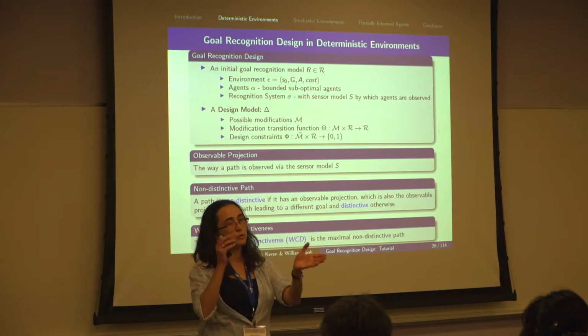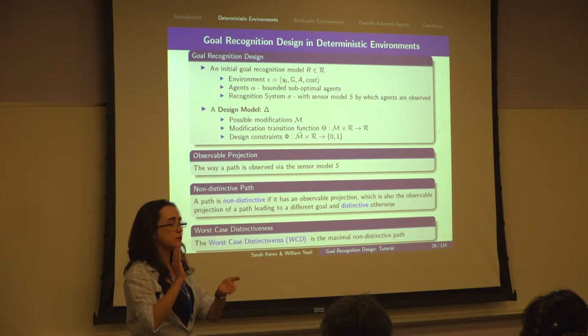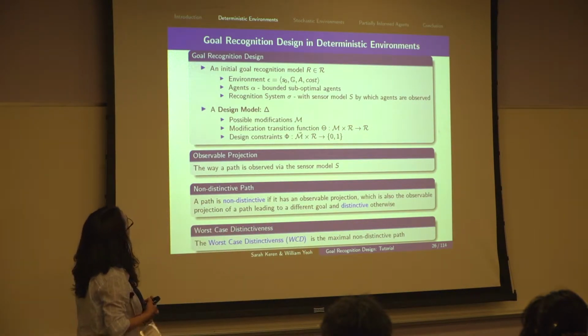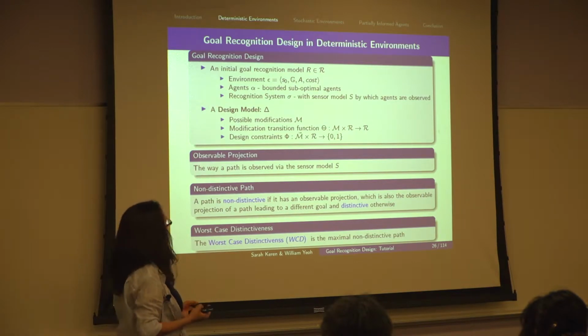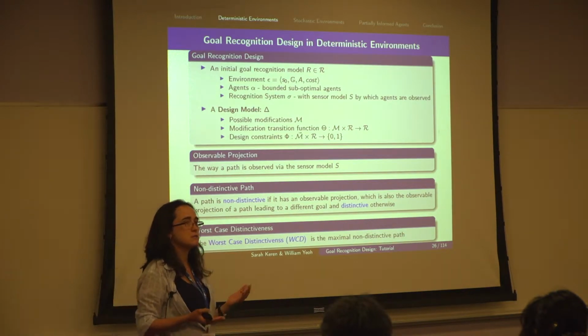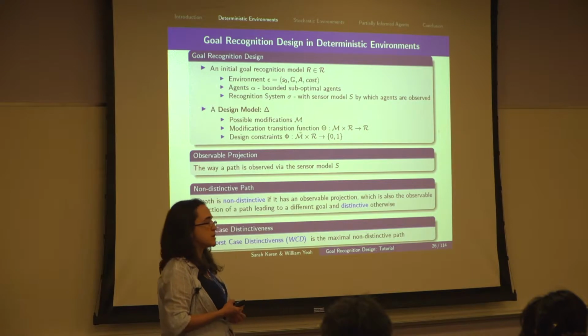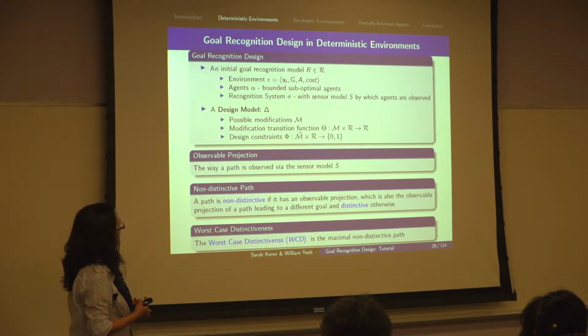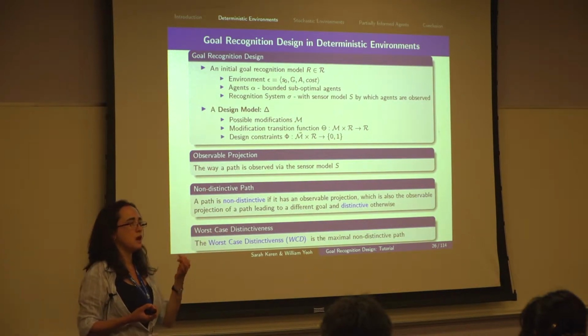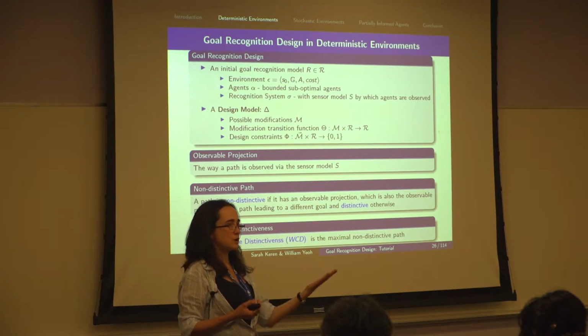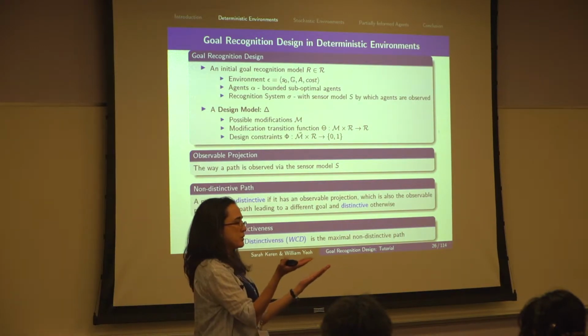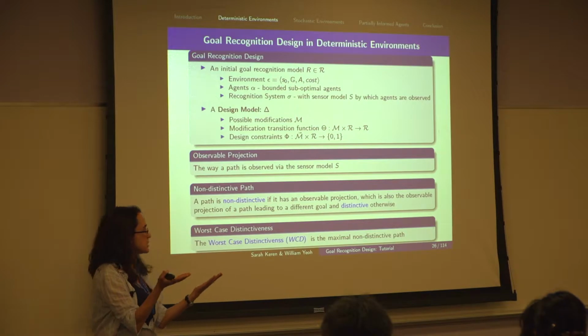We have multiple goal conditions that we want to distinguish between. We have agents. In our case, they're going to be bounded suboptimal agents, of which optimality is a special case. And we have the recognition system with its sensor model, a mapping from how agents behave to how their behavior is perceived by the recognition system.